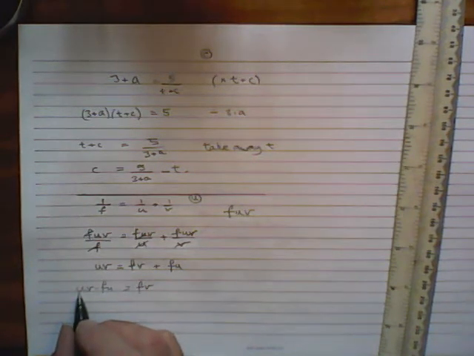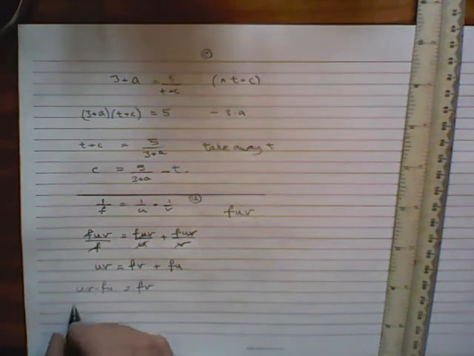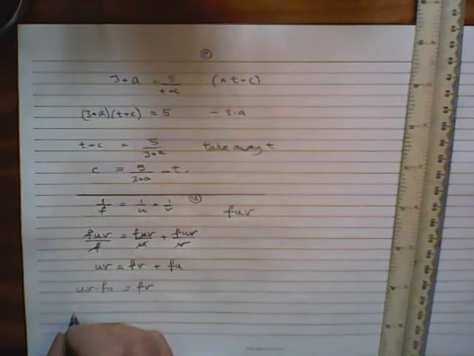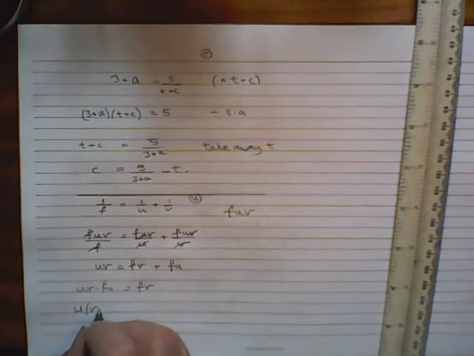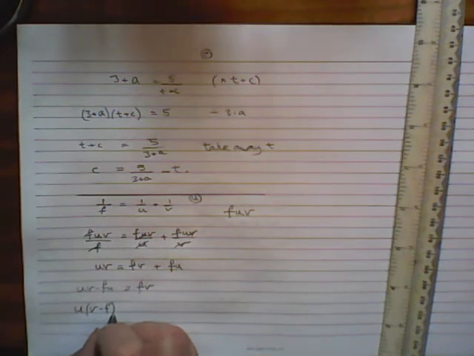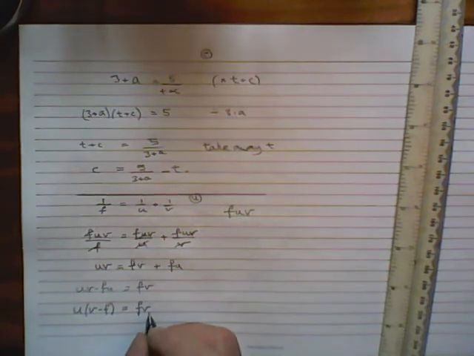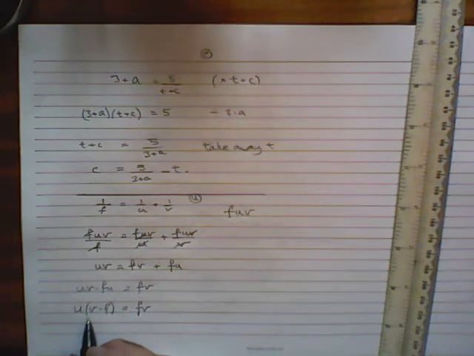Now, what have we got here then? Well, we can factorise this, can't we? Because we've got two u's there. So if I put u outside, this is what I'm trying to do, to separate off the u, this u here. So I can factorise that by saying u times v minus f equals fv. So far, so good.